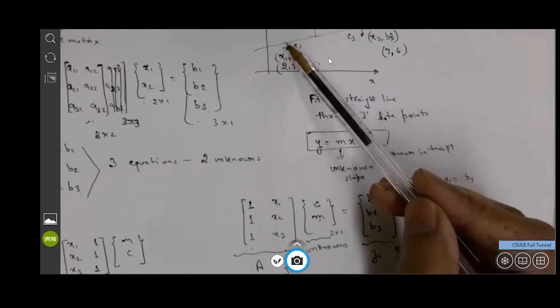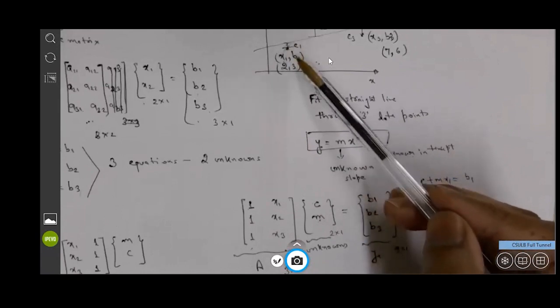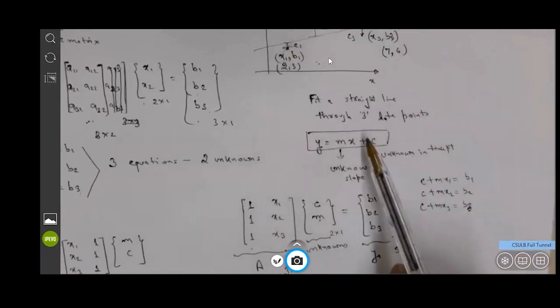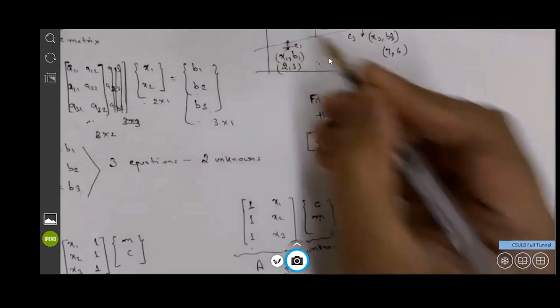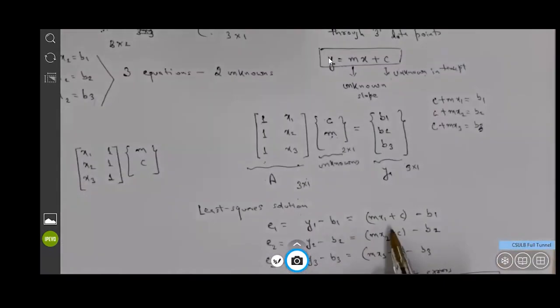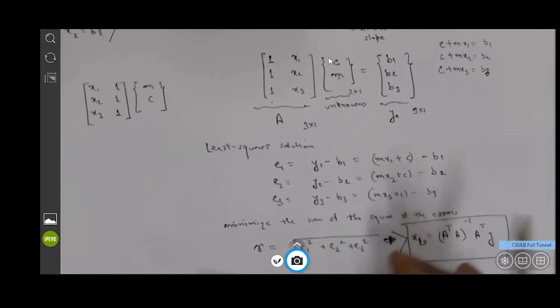So for the first data point, E1 is the error. The actual data point is B1, but what I am getting using the straight line at the corresponding X1 is M times X1 plus C. So this is the error I will have for the first data point. This is the error for the second data point. This is the error for the third data point.